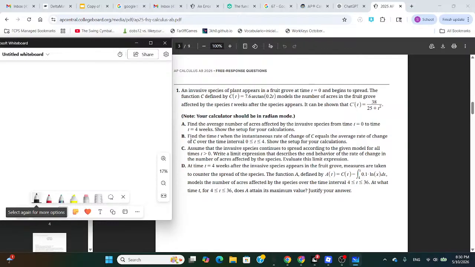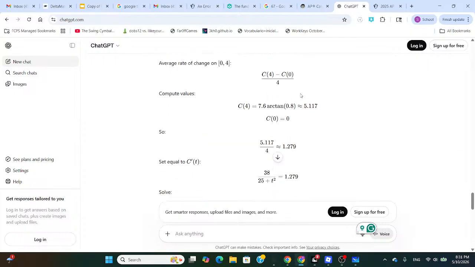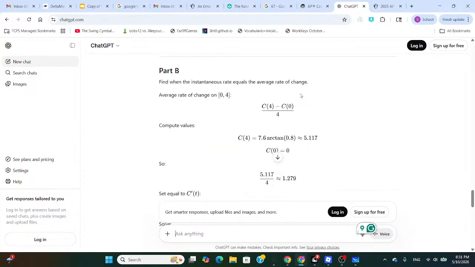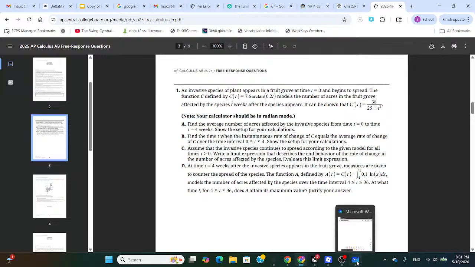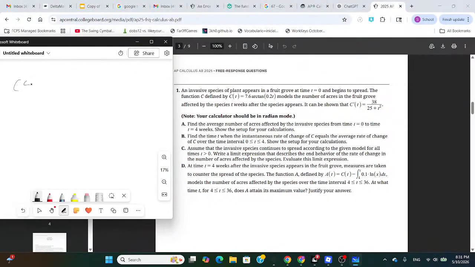Oh, when the instantaneous rate of change... I feel like I know it. How do you do it again? Oh, you have to find the average rate of change first, which is f of b minus f of a.